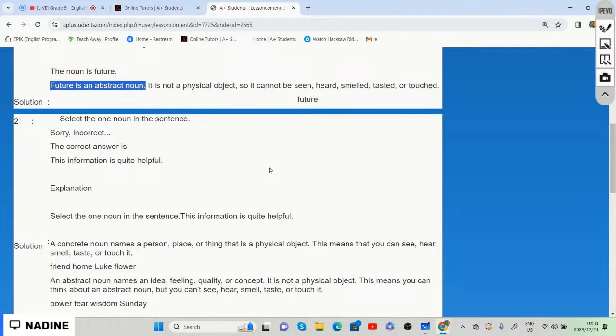And it's not things that are physical. It's not physical objects, which means that we cannot hear it, see it, smell, taste, or touch it. So if we look at the sentence, this information is quite helpful, what is the abstract noun within that sentence?